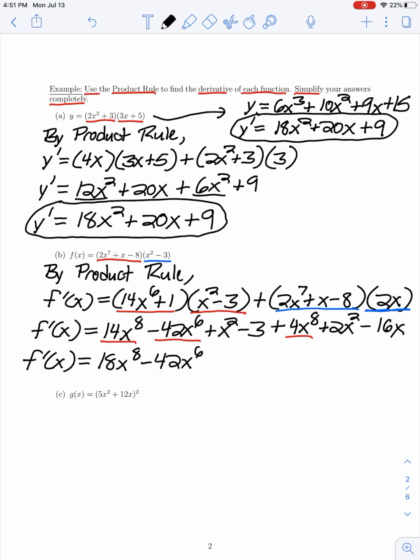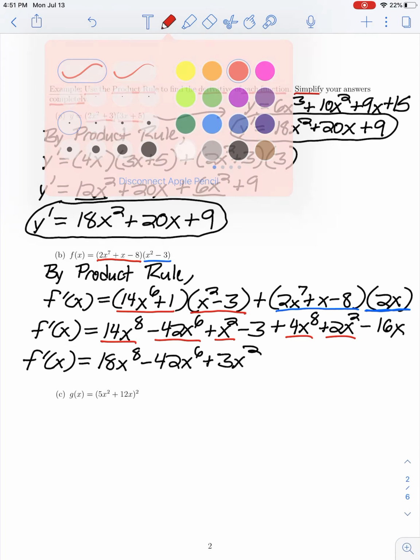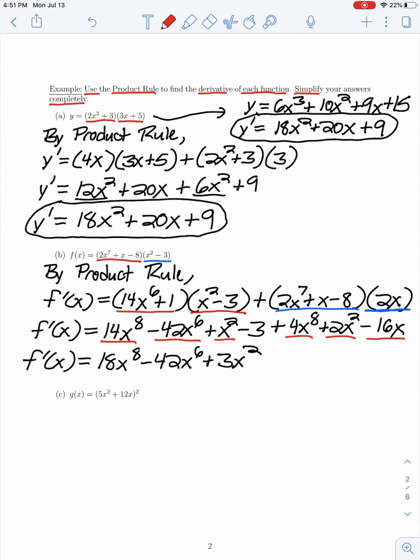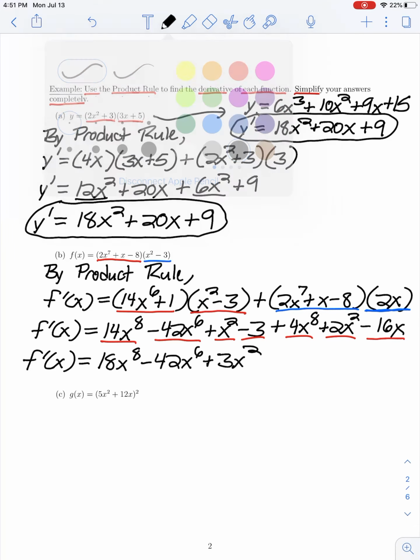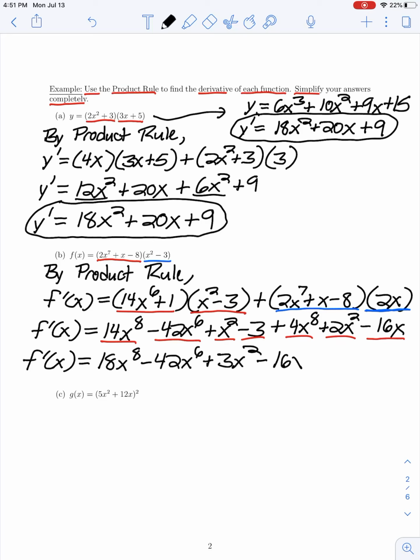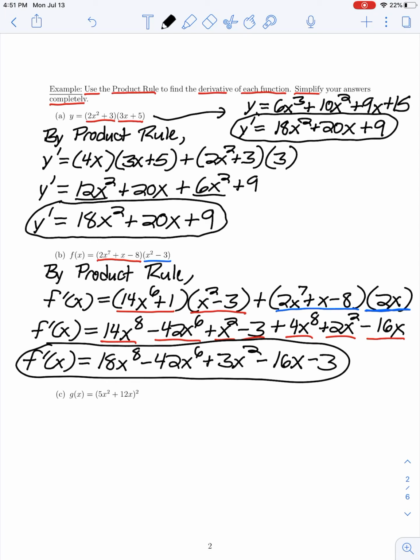Then grouping our x squared terms, we have a 1x squared plus 2x squared is 3x squared. And then lastly, our linear term and constant term are negative 16x minus 3. So here we have our expression for the derivative in simplified form.